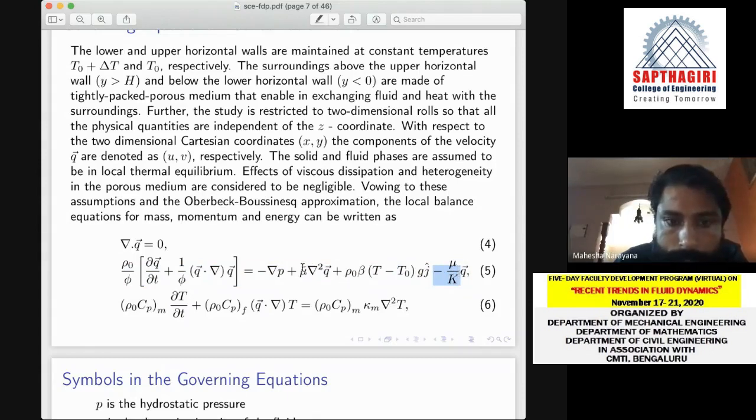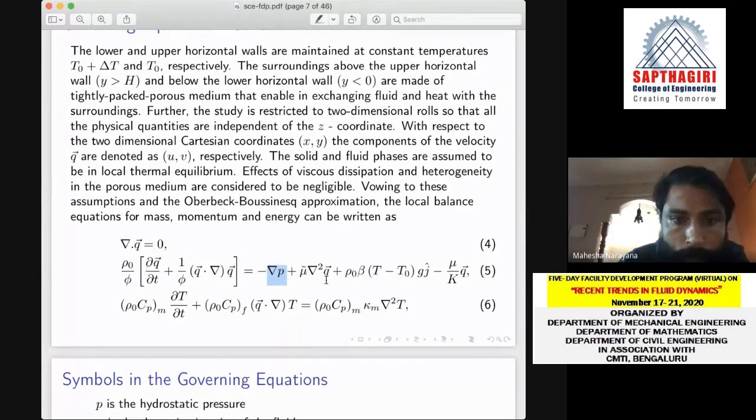And since the porous medium is slightly sparsely packed, you will also have the viscosity effects coming into the picture in the form of the Brinkman term. So there is a Darcy term, there is a Brinkman term too, and this force is coming from buoyancy. This term is coming from the buoyancy force, and this is due to the hydrostatic pressure force.